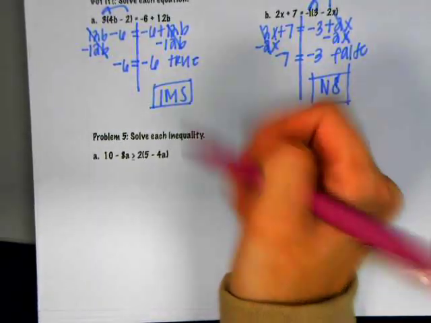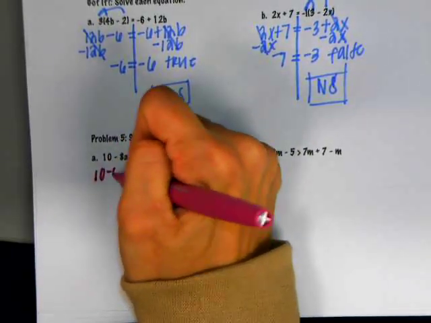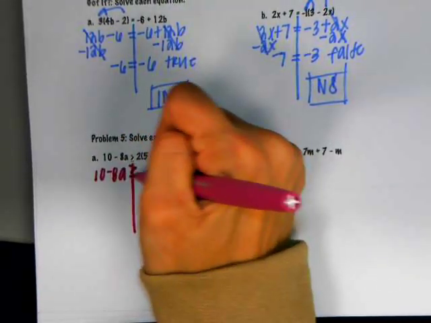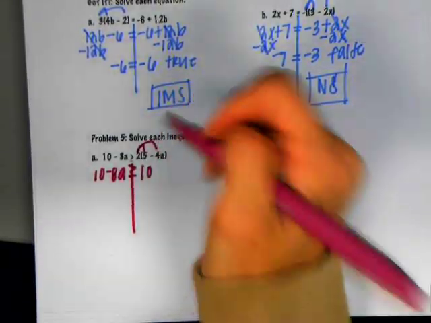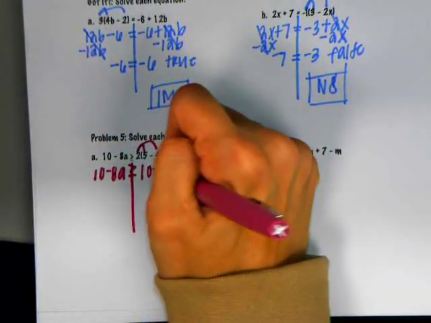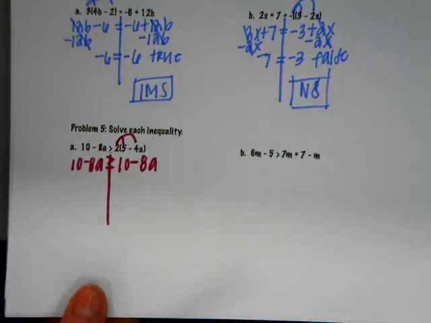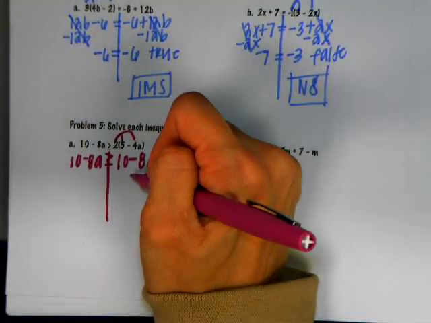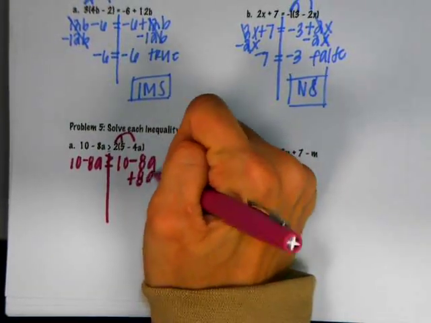Okay, cool. So on this one, all right, 2 times 5? 10. 2 times negative 4a? Negative 8a. Okay, then how am I going to move the negative 8a over? Yep, add 8a.